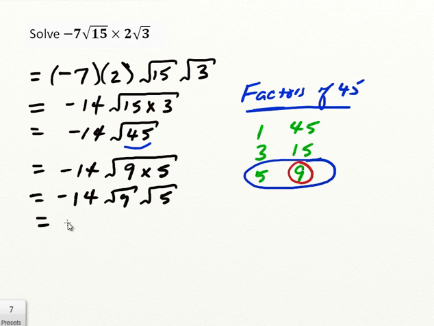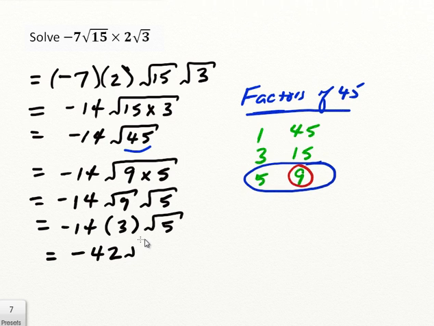I know that the root of 9 can be solved. It's a perfect square, so that's 3. Root of 5 is not a perfect square. We'll leave that in the radical sign. And then our last step is to take negative 14, multiply it by 3, and we end up with negative 42. And then the root 5 stays underneath the radical sign.